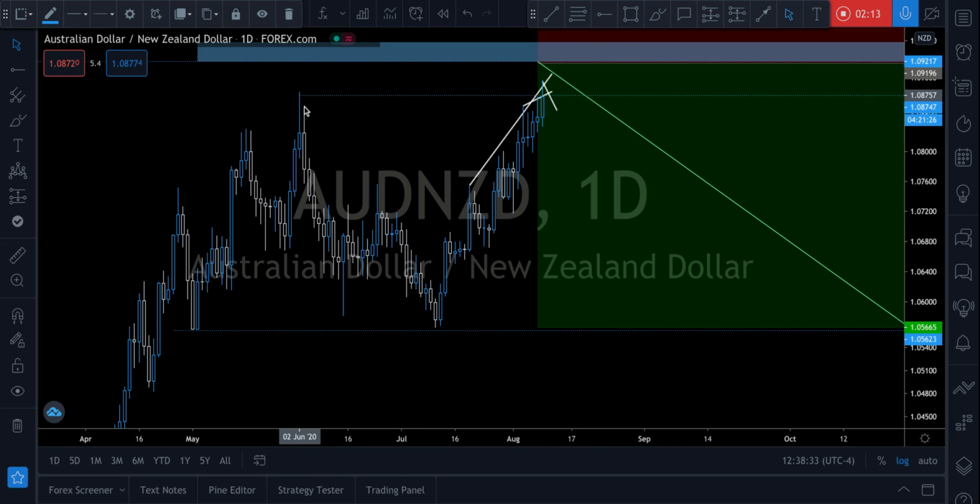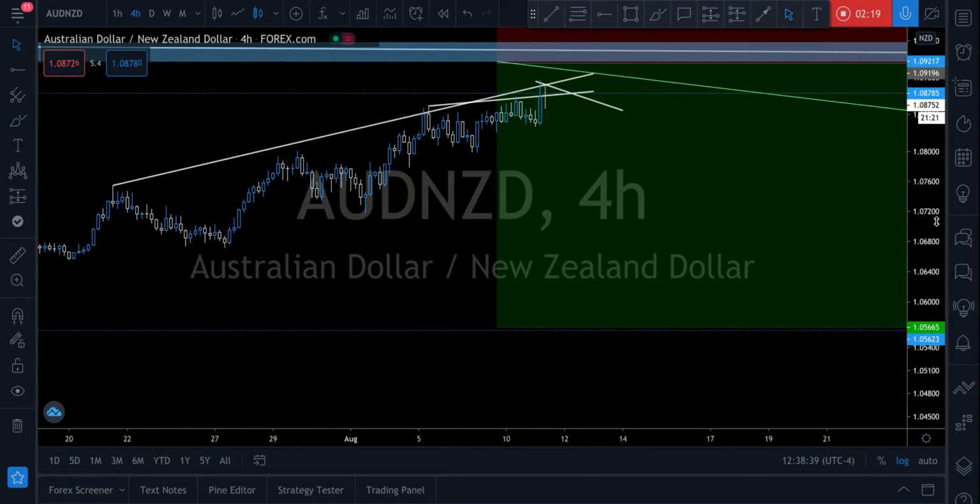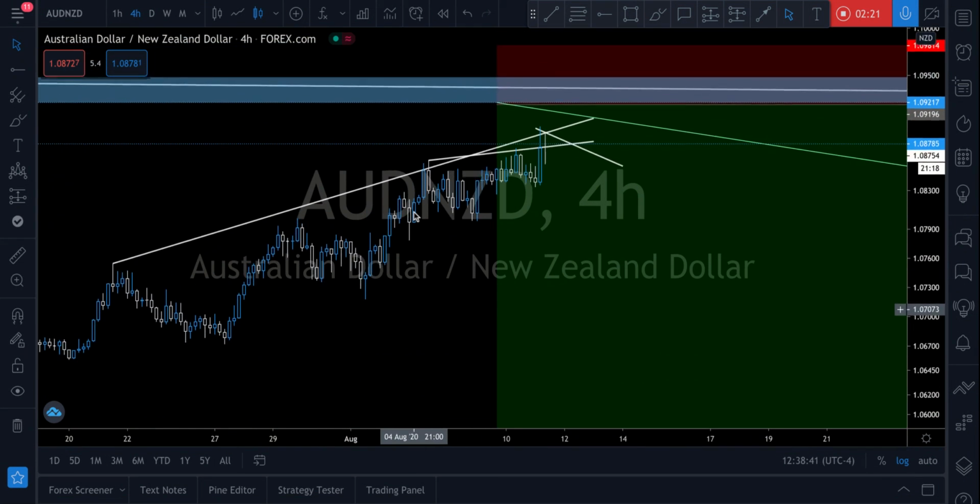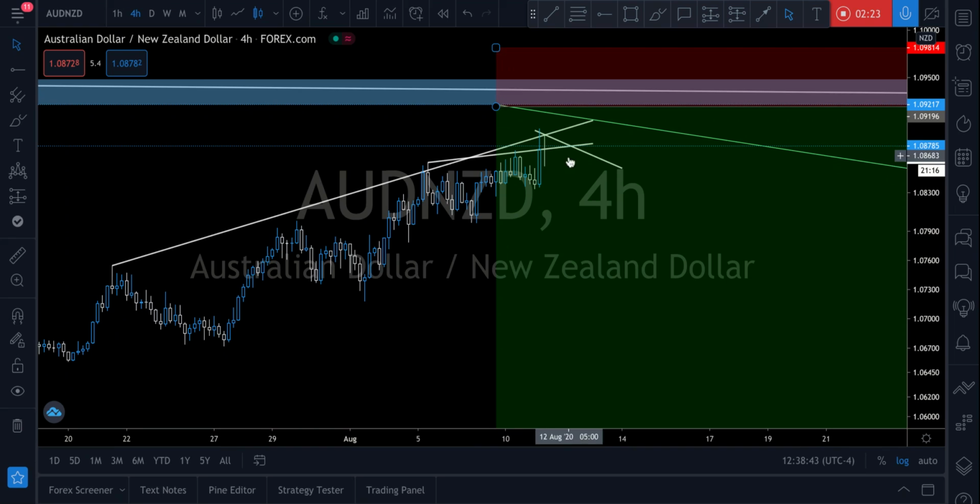Wrong one. And then we go back to the 4 hour. We can see here that it aligns almost perfectly. That previous relative high aligns almost perfectly with where this candle and the body actually closed. So we closed below that, rejecting this area up here.